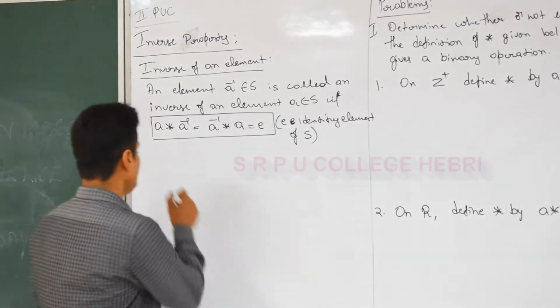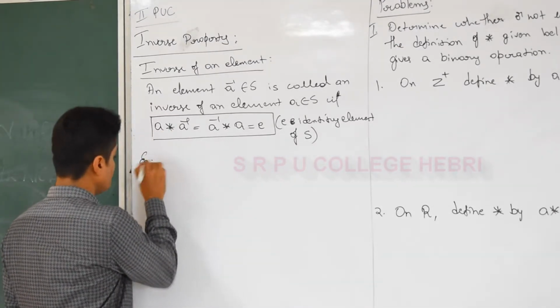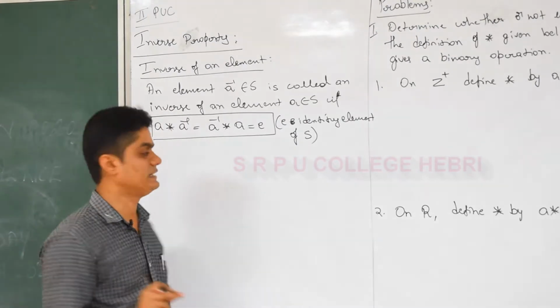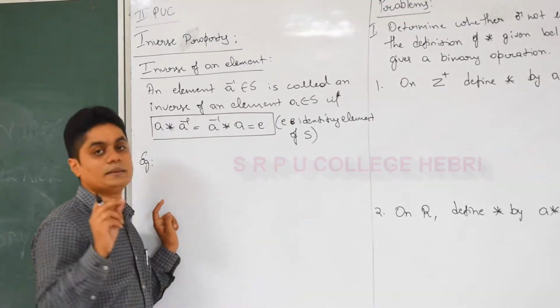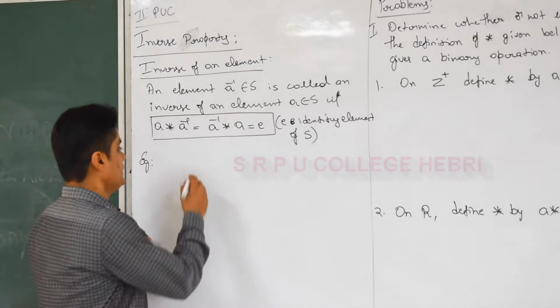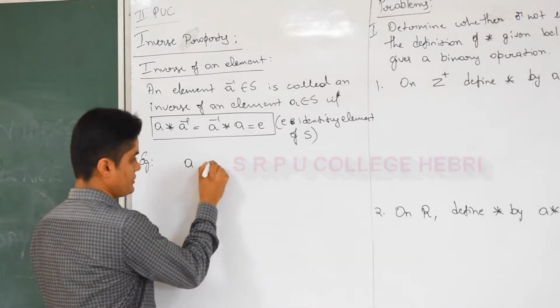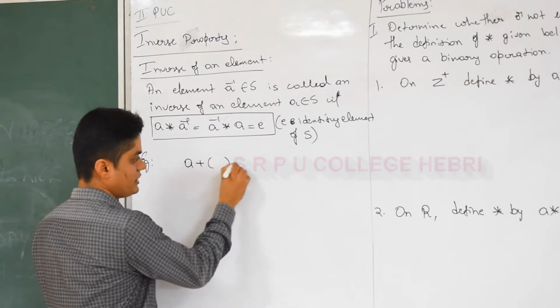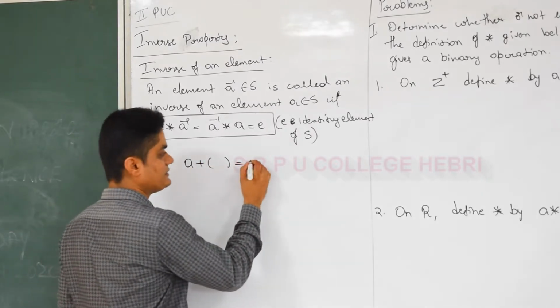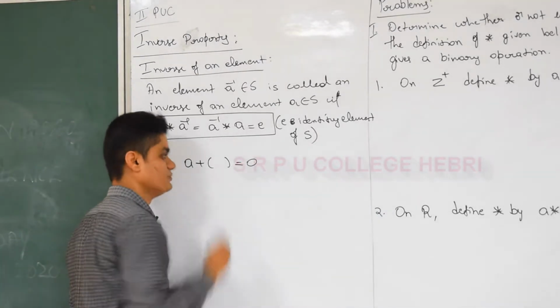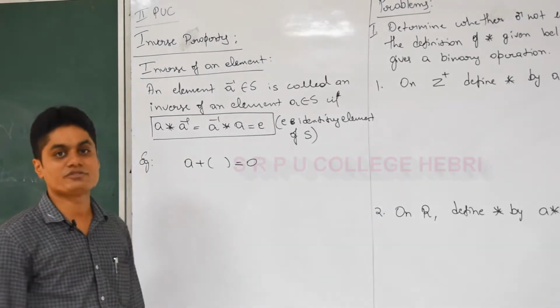As an example, usually we understand this definition through examples only. Again, I'll explain the same sentence by an example. With respect to addition, which number should you add so that the resultant is the identity element of addition? What is the identity element of addition? You know that, 0. Tell me which element I should add.